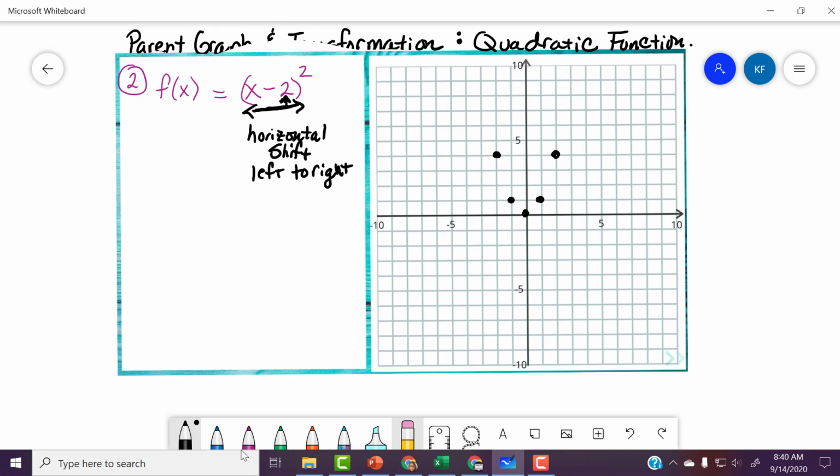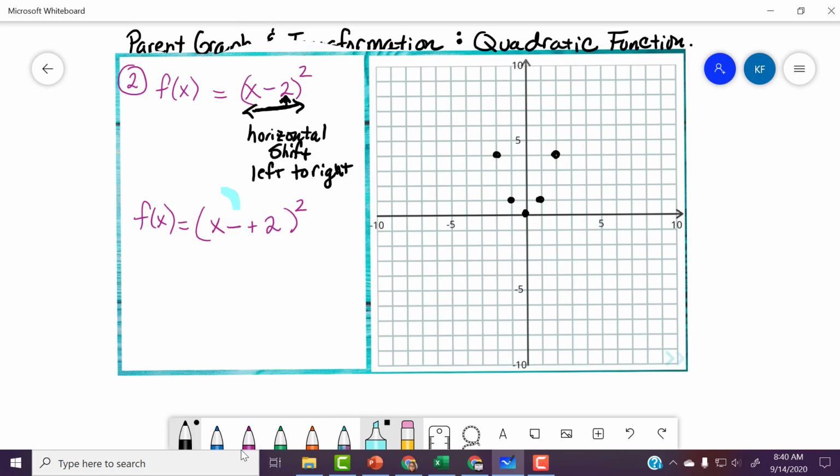Now the question is, based on this function or equation, which way do you move? And you move in the following way. So how do you get a minus sign when you're doing multiplication? It would be a negative times a positive. That's where the negative is coming from.